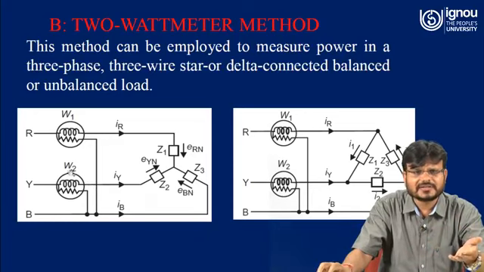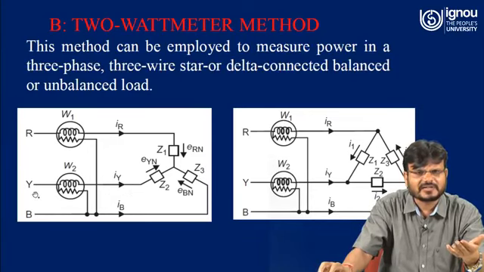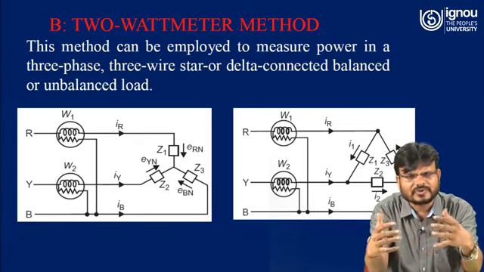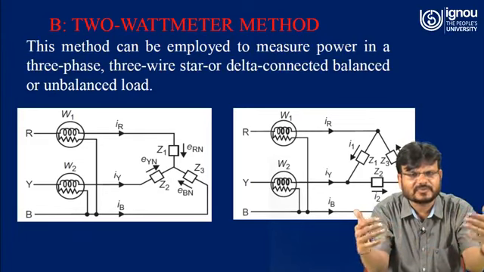Similarly, you can find out the power measured by wattmeter W2. What will be the power measured by W2? It is nothing but the product of the current IY multiplied by the voltage between the Y phase and B phase. And here you can apply KVL to find the voltage. VYB is equal to EYN minus EBN, because the voltage across Z2 and the voltage across Z3 are opposing each other.